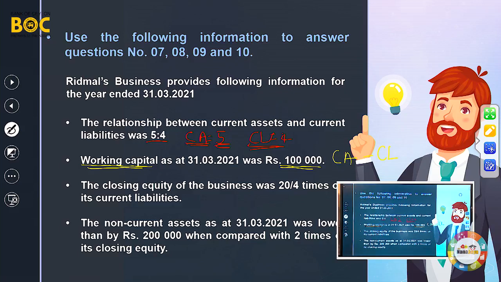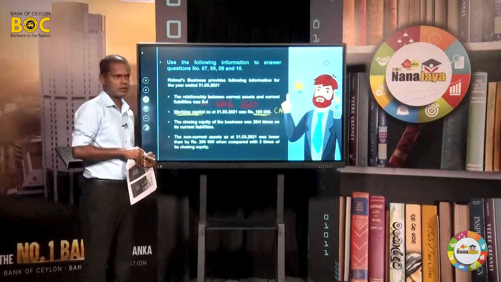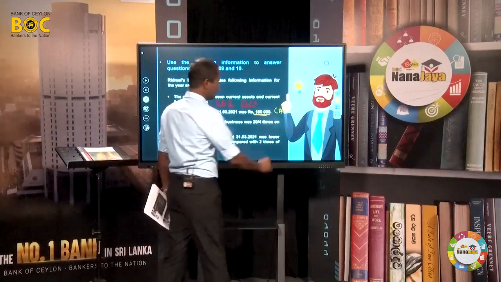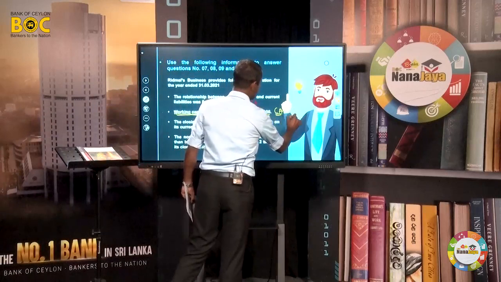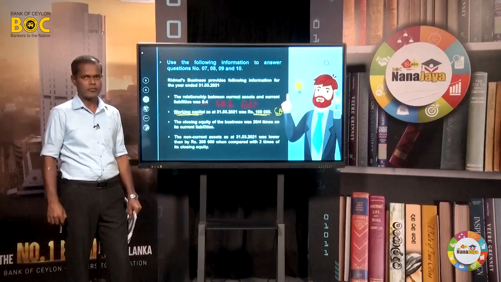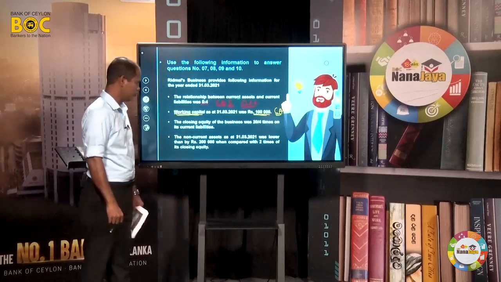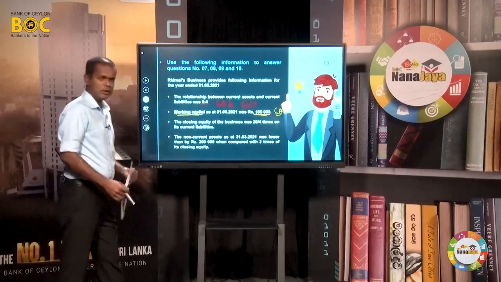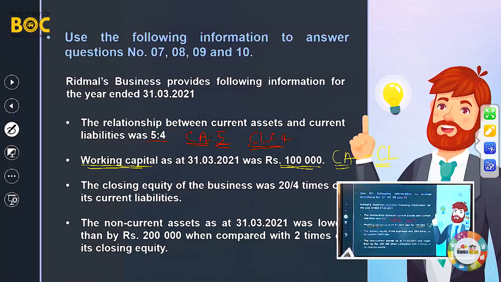The difference between current assets and current liabilities we call working capital. It is 100,000 rupees.